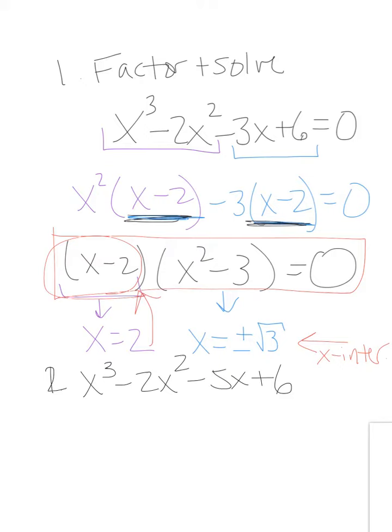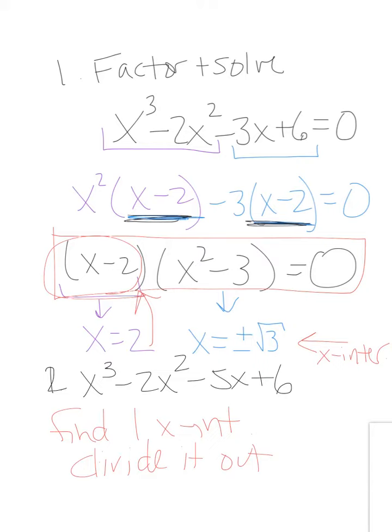If you can find one x-intercept, then I can divide it out and get factored form. So then we need to figure out, how can I find out what an x-intercept is? Well, mostly right now we're just going to do guess and check. And once you guess a number, how can you figure out if it is actually an x-intercept?